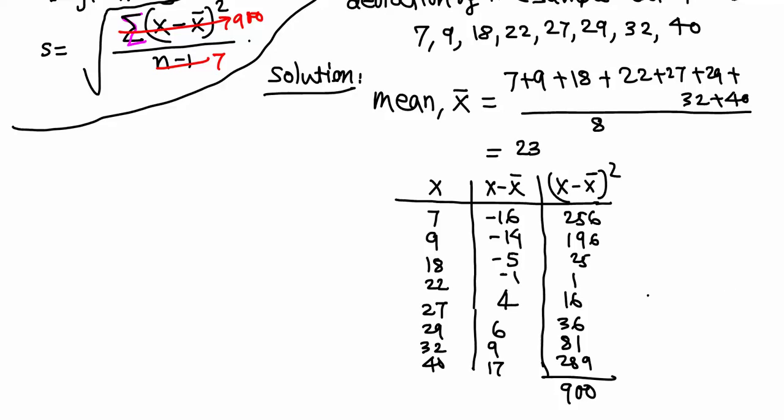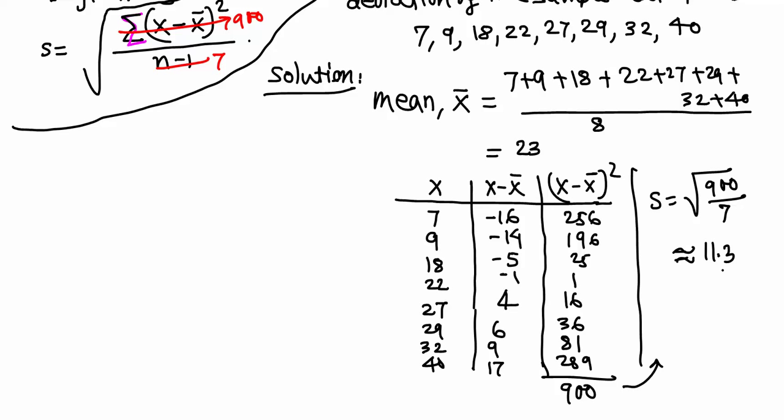Then the standard deviation is the square root of the sum of these squared deviations, that's 900, divided by 8, the number of sample points, minus 1, which is 7, and take the square root. So divide 900 by 7 and take the square root. This is about 11.3.